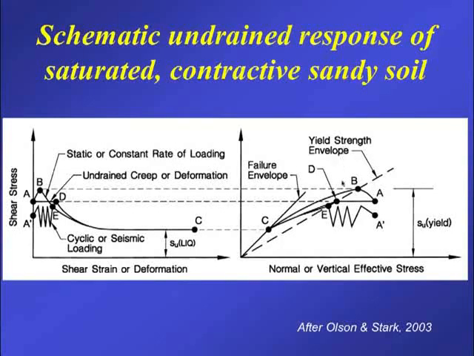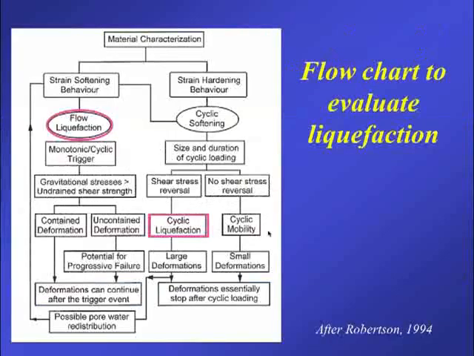And then when it hits this yield strength envelope, or the yield surface, then it can trigger undrained collapse. And so people have done experiments where that loading from A to D could occur in a slow drained manner, and then at point D, collapse occurs, and then essentially triggers rapid undrained loading down to the liquefied strength at C. So you can see quite a complex mechanism.